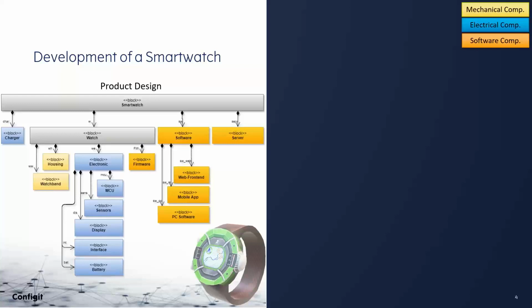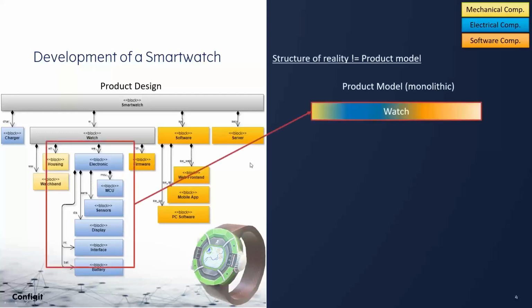And that's what we today very often do in model-based system engineering or some other ways to develop our products. We specify in great detail how our product should look. And at a certain point in time, we build up our product model in a very monolithic way.